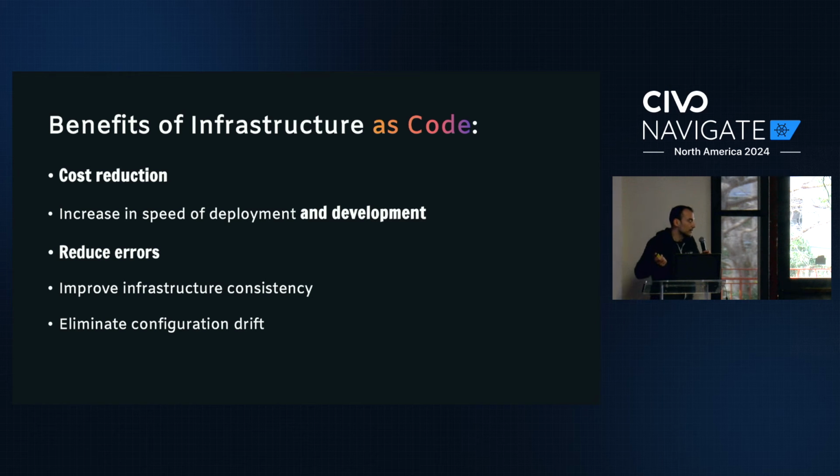Yes, I don't need to learn any new language, for example, so this is also fine. Reduce error, yes, everybody is abusing the word shift left, but this is really shift left, because you get the squiggly lines during the creation of your declaration file, and you can run also unit tests on the code. It's just code, so that's the thing.